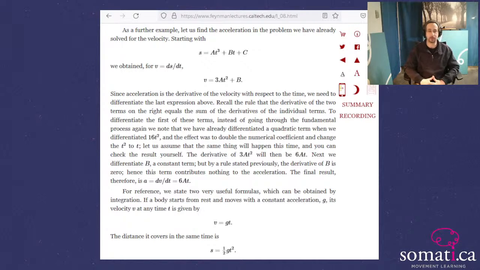Since acceleration is the derivative of the velocity with respect to the time, we need to differentiate the last expression above.